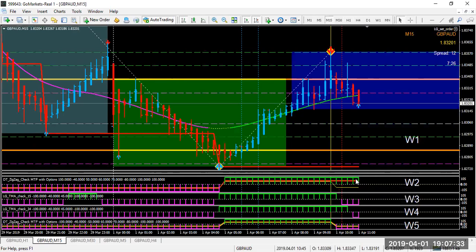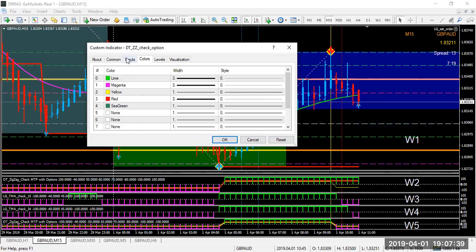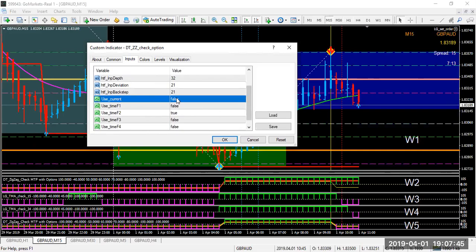Just to give a quick look, in the settings I actually get to put where the lines go and what to highlight. The current time frame I don't use in shading.